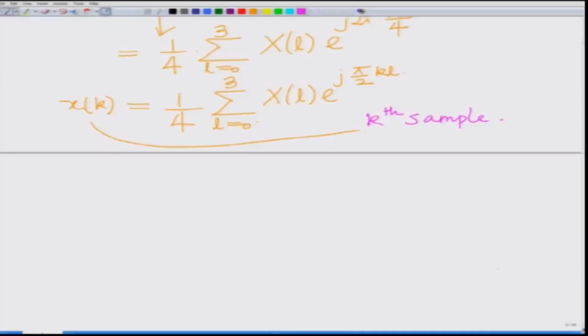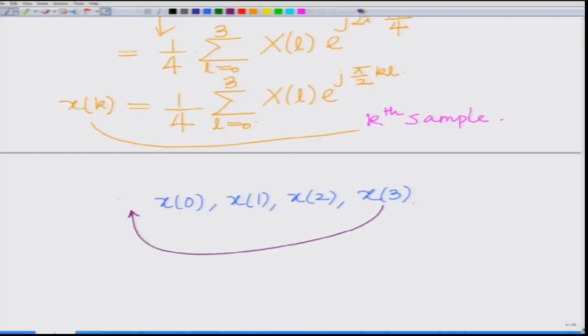Now these samples are transmitted over the channel subsequently, but before transmission there is another important operation to be performed, as follows. We have the samples x0, x1, x2, x3, and what we are going to do now is take the last sample x3 and place it before x0.